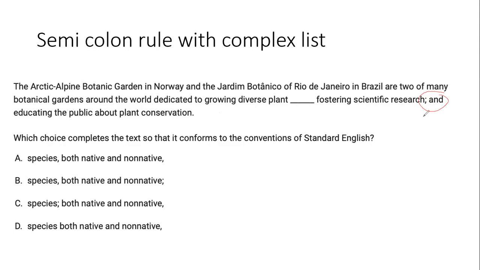So as you have already identified from this clue, we have to directly look out for the semicolon option. However, we'll also check other options, like growing diverse plant species, comma, both native and non-native.